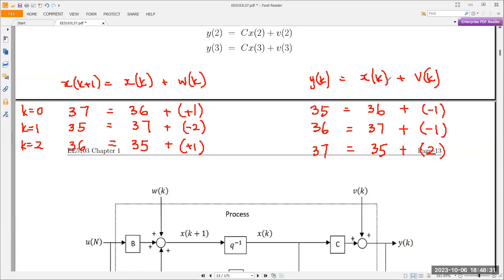So this V, -1, -2, is what we call measurement noise. That is the noise associated with his temperature sensor gun. If you buy a better gun, then maybe it will not be -1, but -0.1, plus 0.2.